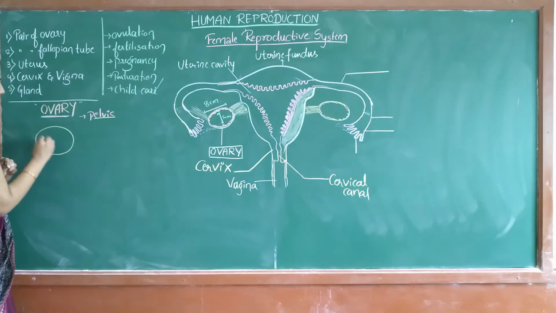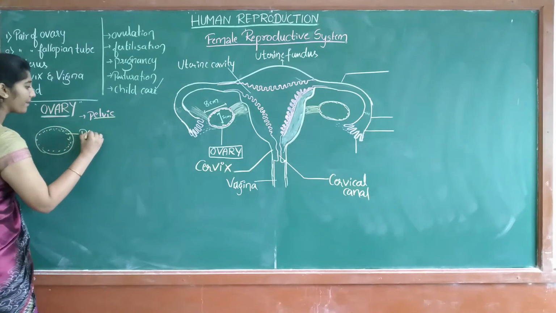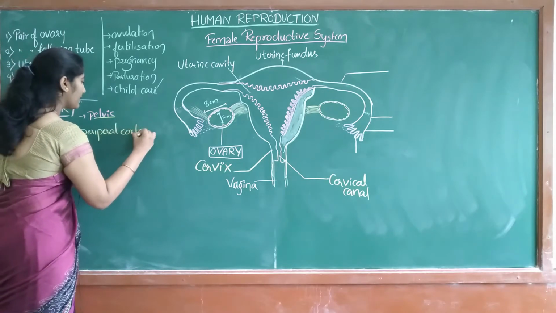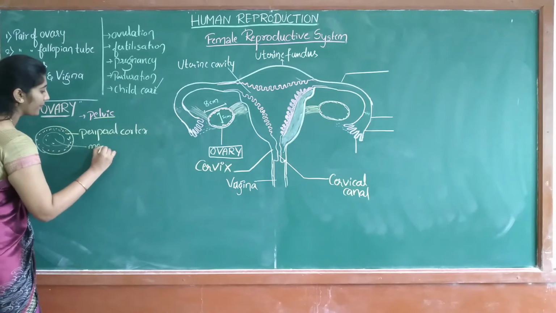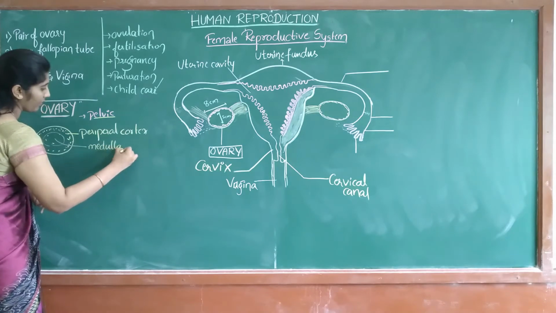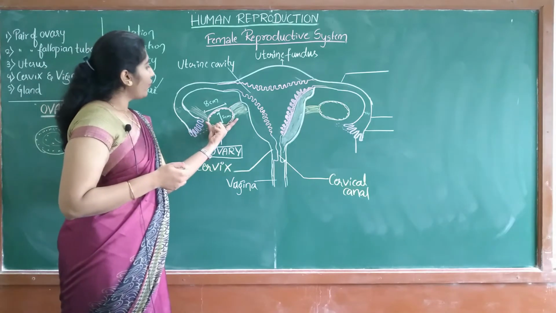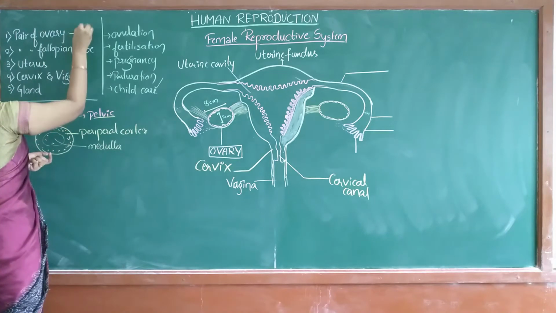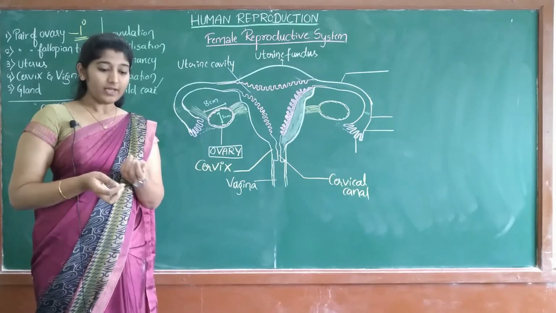The peripheral part of the ovary is the peripheral cortex and the inner part is the medulla. Next, these ovaries are called the primary sex organs. In case of male, the testes were the primary sex organs.